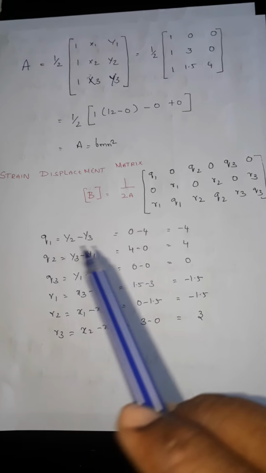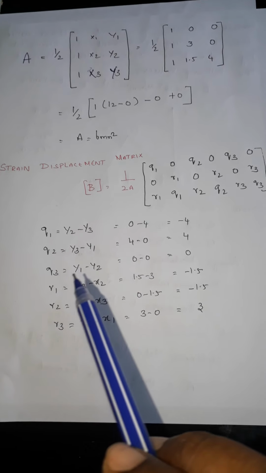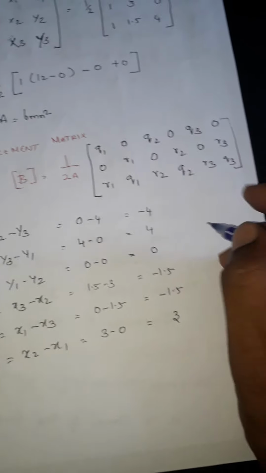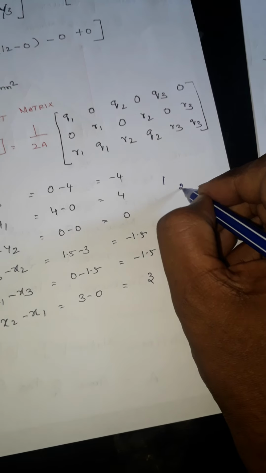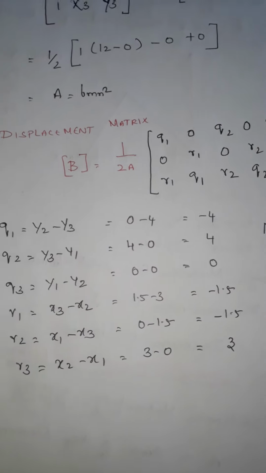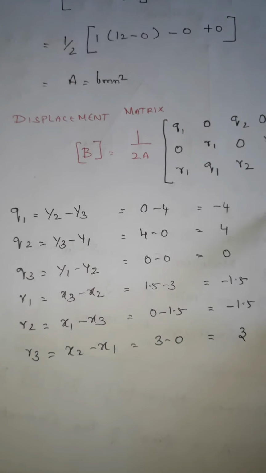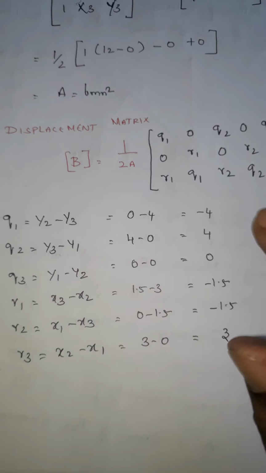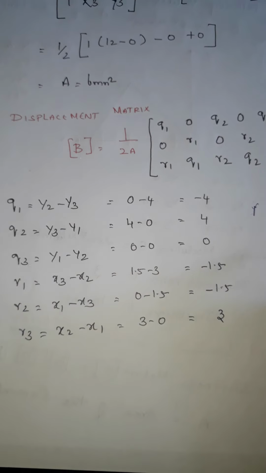So q1 is y2 minus y3, q2 is y3 minus y1, q3 is y1 minus y2. See here, you take like this, in this way, 1 2 3. First you are going to find out q1. So keep this one and look here, y2 minus y3.